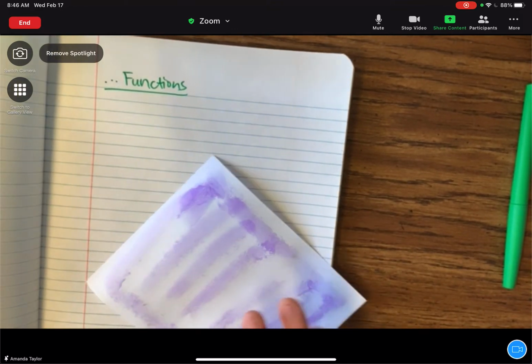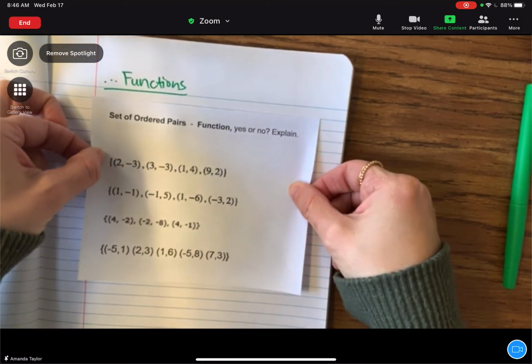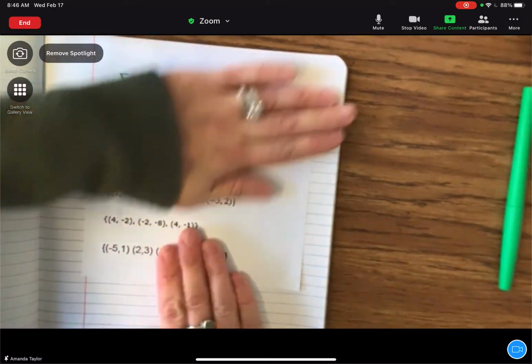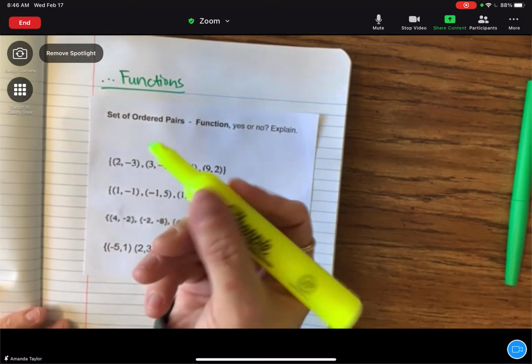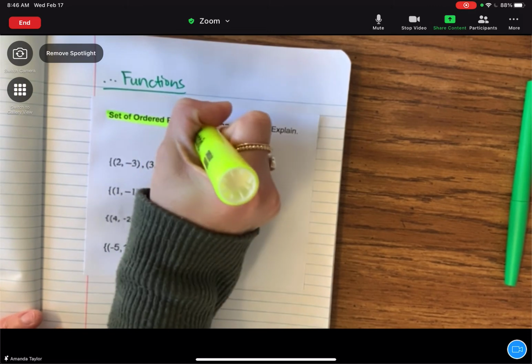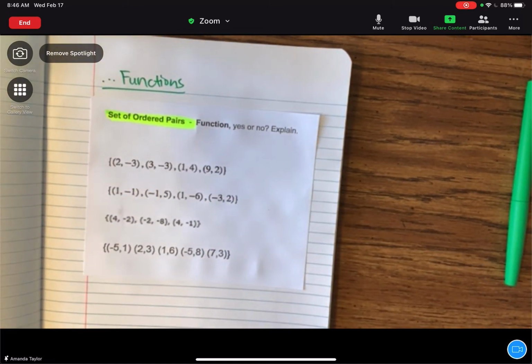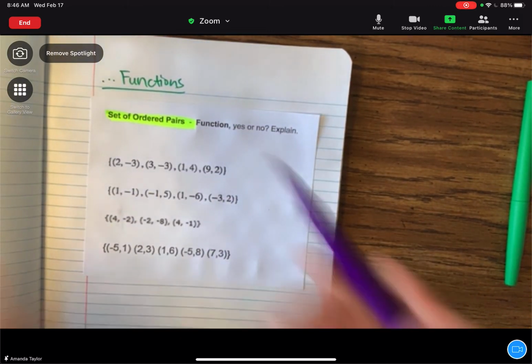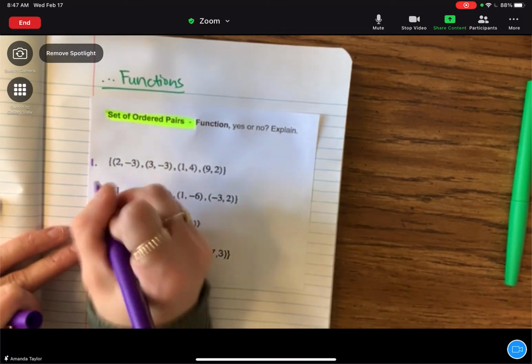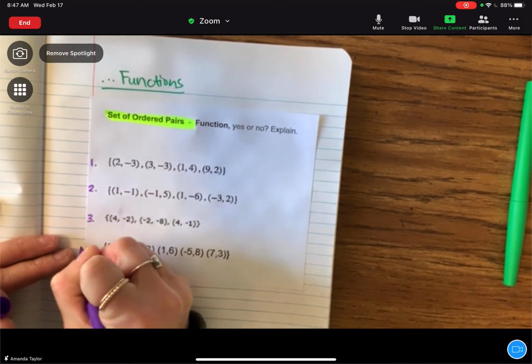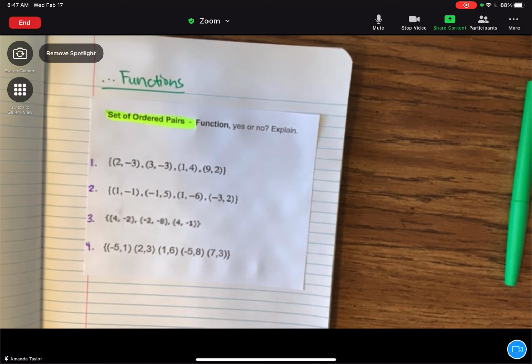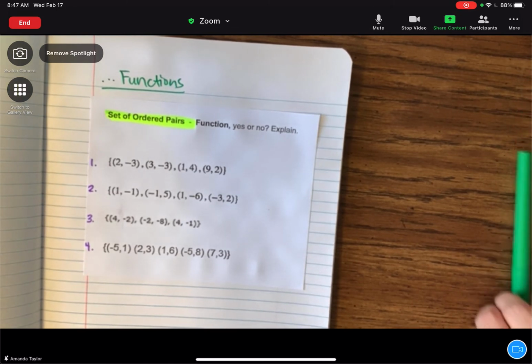See if maybe you can determine which of the 4 is the function. Okay, let me highlight this. Now we're looking at a set of ordered pairs, those list of points. So we have 1, 2, 3, 4. I'm going to give you about 30 seconds independently looking this over.